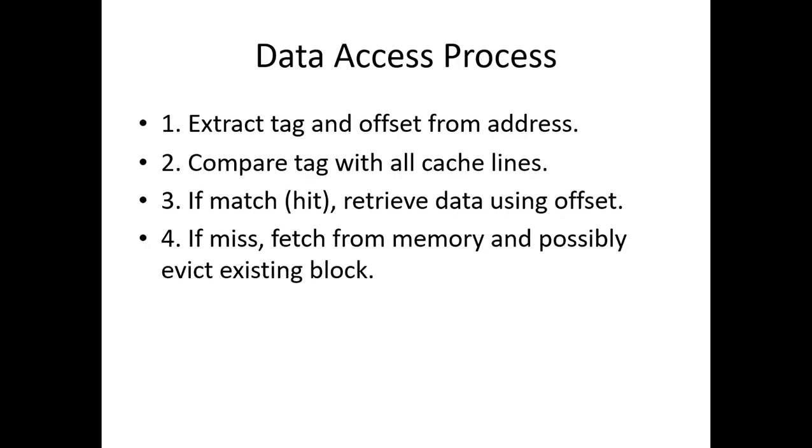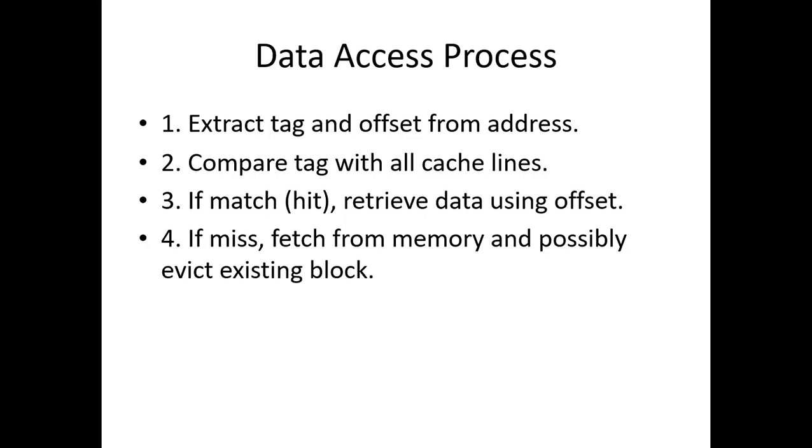Let's look at the data access process. When the CPU requests data, it extracts the tag and offset from the address. The tag is compared with the tags of all cache lines to check if the block is already in the cache. If there's a match, it's a cache hit and the data is retrieved using the offset.